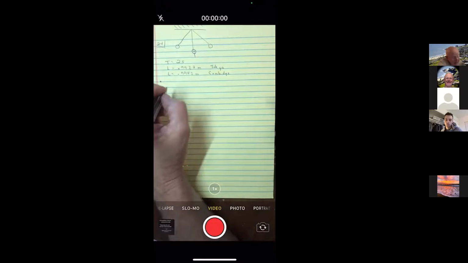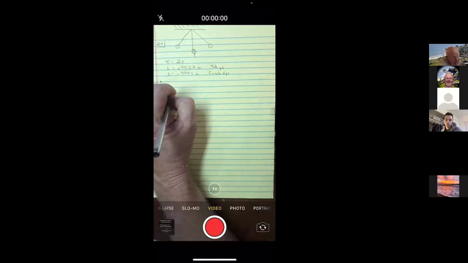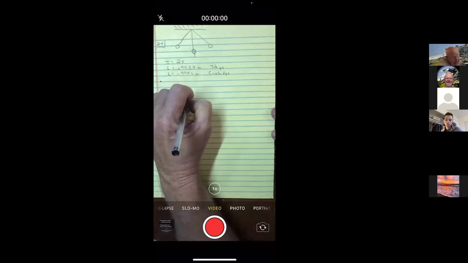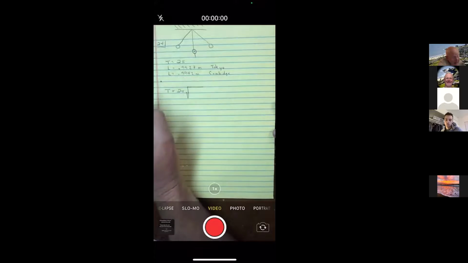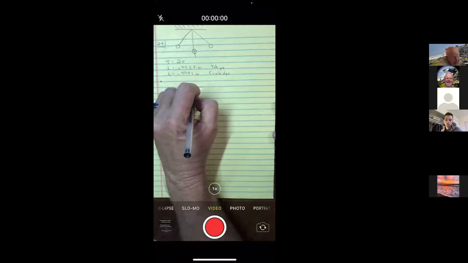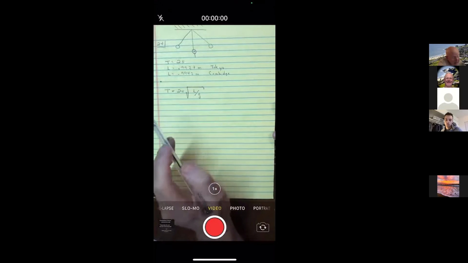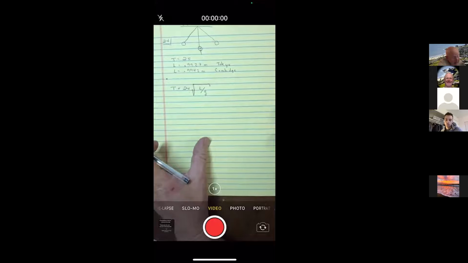Okay, so in class and in the book and in lecture, we derive the period of a pendulum. Now, we did a small angle approximation. So sticking to small angles, we said the period is 2 pi times the square root of L over g, where g is the acceleration due to gravity.